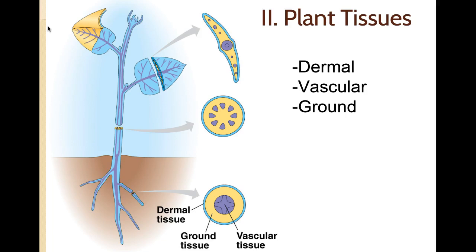You can see the picture, dermal is on the outside. Ground tissue will be underneath the dermal tissue, and typically vascular tissue is in the center, not always, but it's within the plant leaf or stem or root.